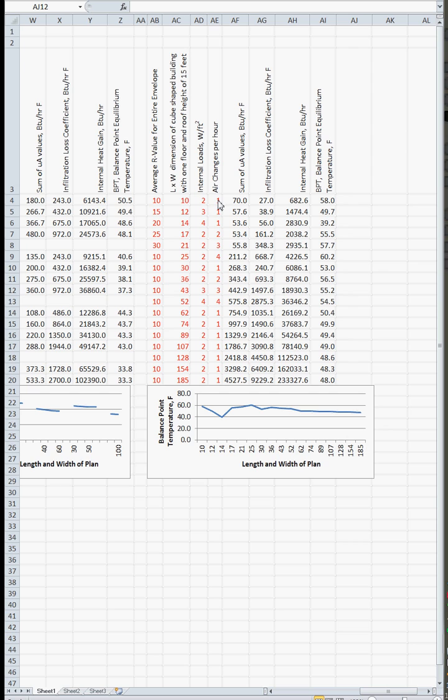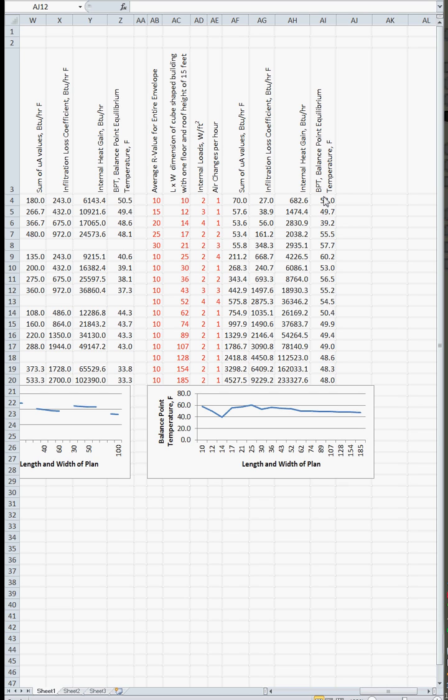Bear in mind, there's no such thing as a good or bad balance point temperature inherently, because having very high R values will lower the balance point, but also having very high internal gains will lower the balance point. So you can't tell, strictly speaking, from the balance point what's going on. You have to understand the interplay of these other things.